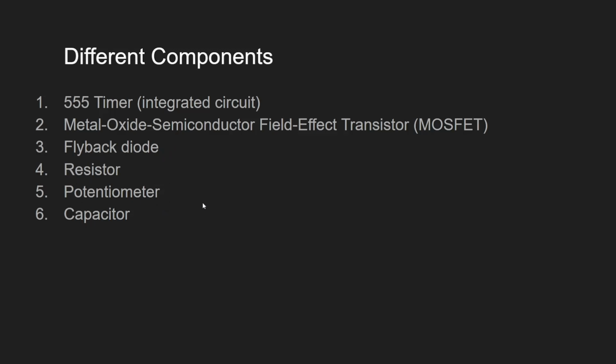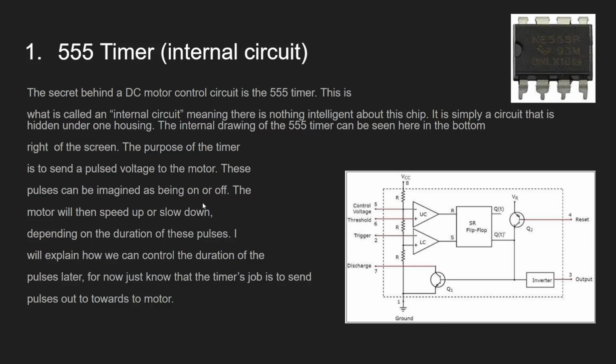Okay. Let's start with the 555 timer. The secret behind a DC motor control circuit is the 555 timer. This is what is called an integrated circuit, meaning there is nothing intelligent about this chip. It is simply a circuit that is hidden under one housing. The internal drawing of the 555 timer can be seen here in the bottom right of the screen.